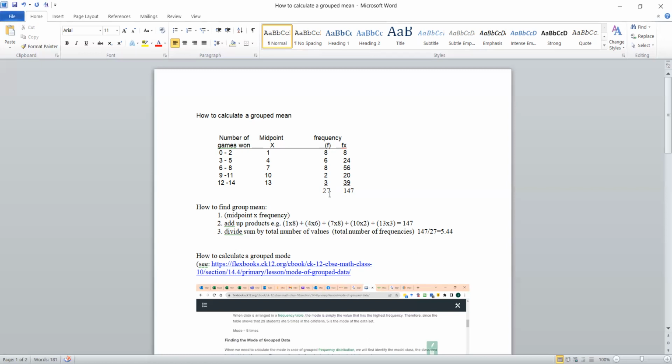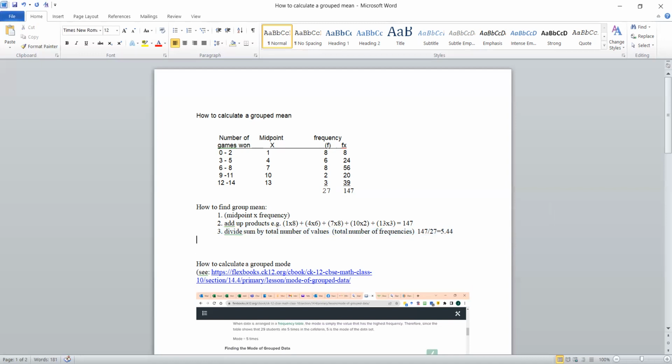So 27 is my value. All right, so we're right here. So it's 147, the sum of products of Fx, divided by the total number of values or frequencies, which is 27. So the answer is 5.44.